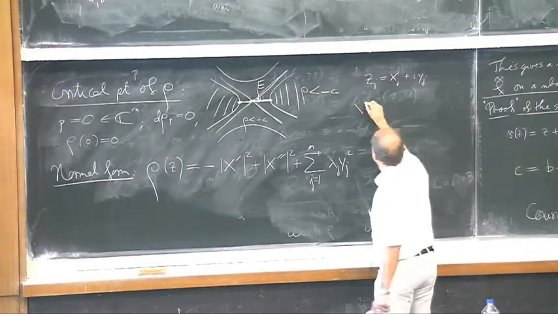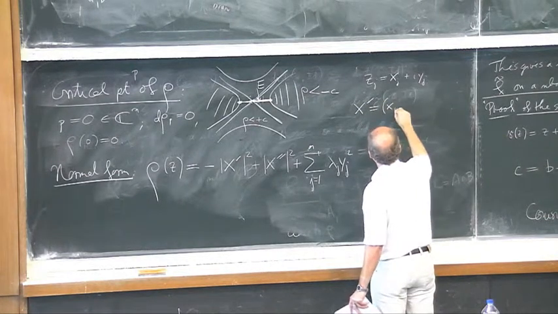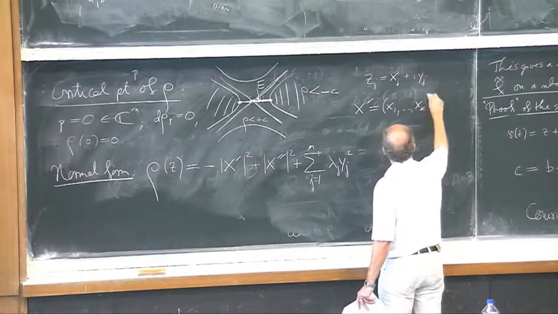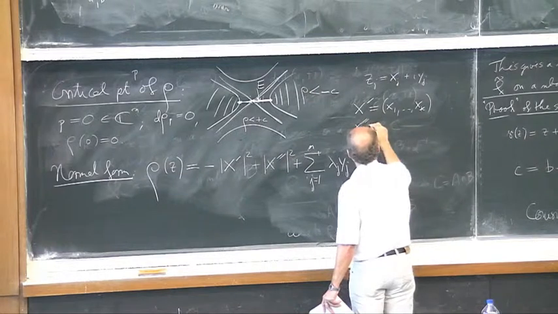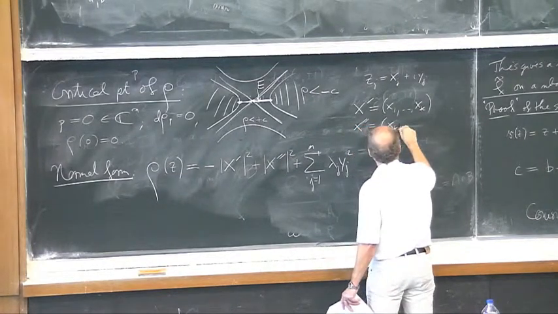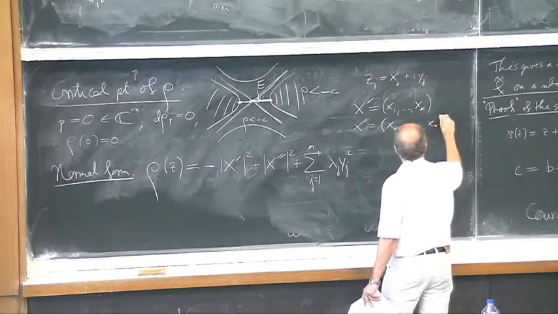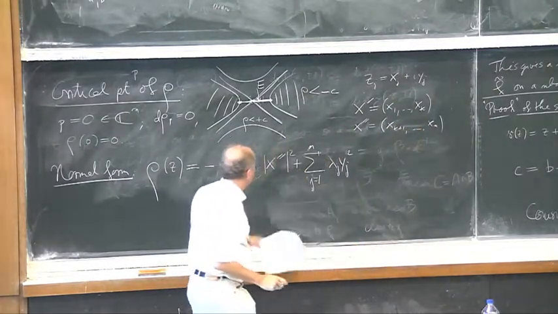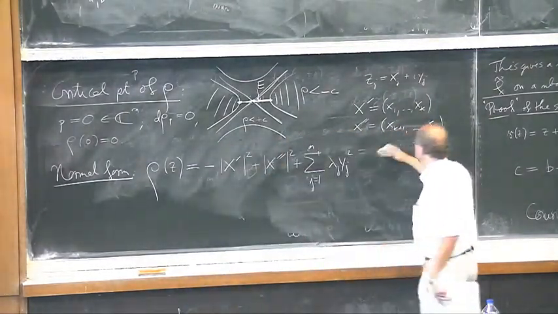X prime is the first finitely many x's. X double prime are the remaining x's. Lambda j are some eigenvalues.